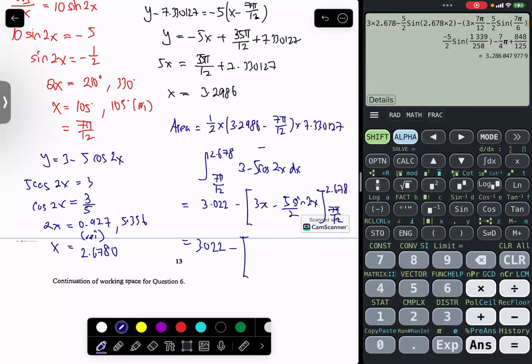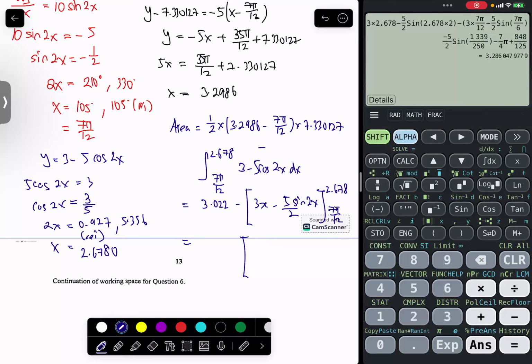Right? Wait, let me see, I keyed in wrong. Oh, okay, I think I keyed this part wrong.